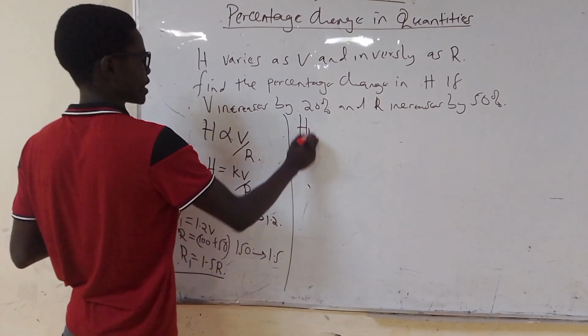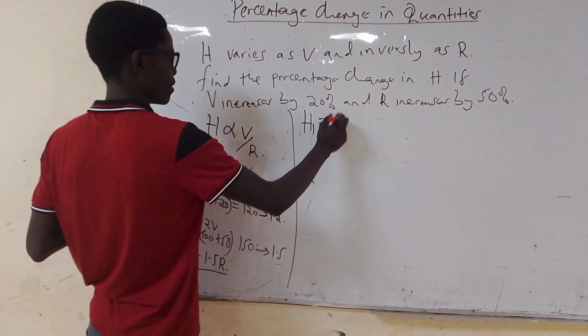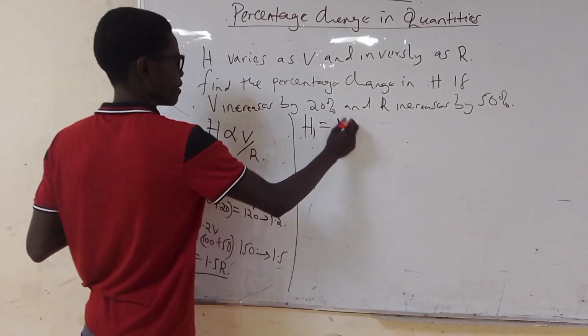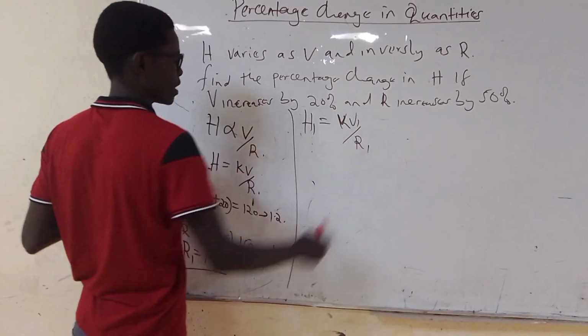So now we want to look at H1. H1 equals K V1 over R1.